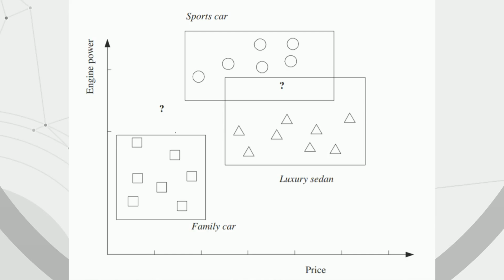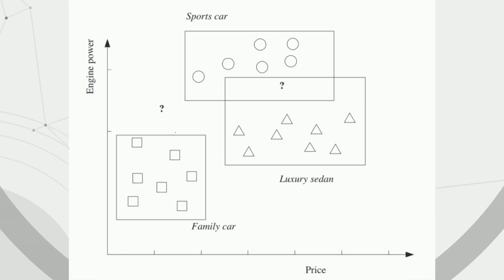Each individual hypothesis is simply trying to separate one class, such as the family car, from all other classes. That is why you have a bounding box around just the family car. And the sports car hypothesis is trying to separate the sports car class from all other classes. So this is what we mean when we say we view a k-class classification problem as k two-class problems.